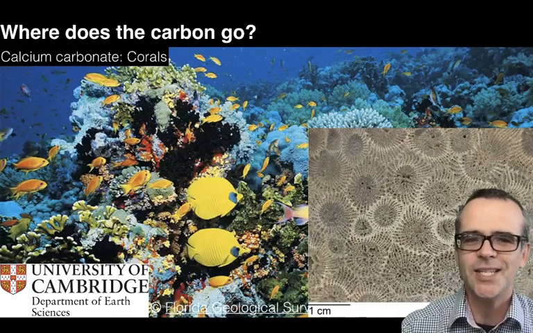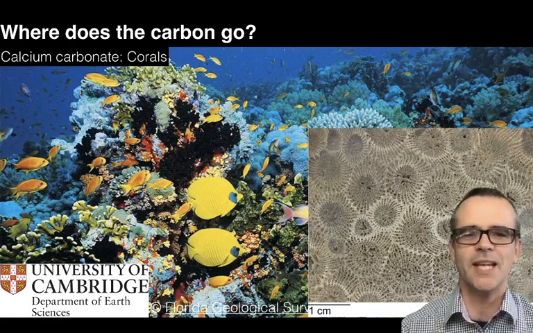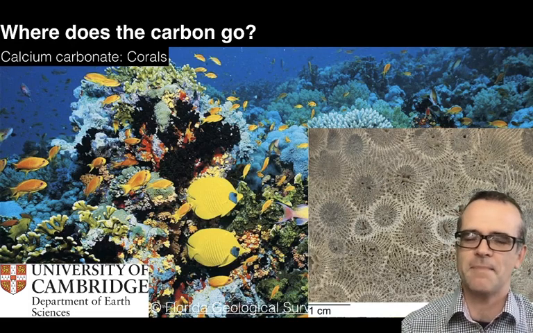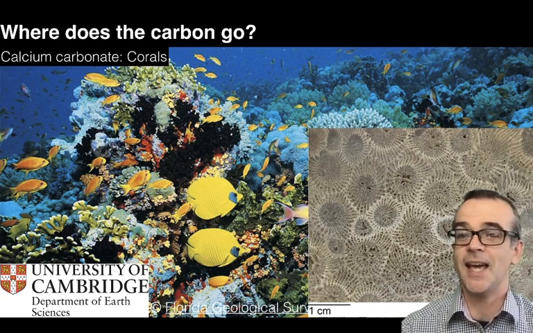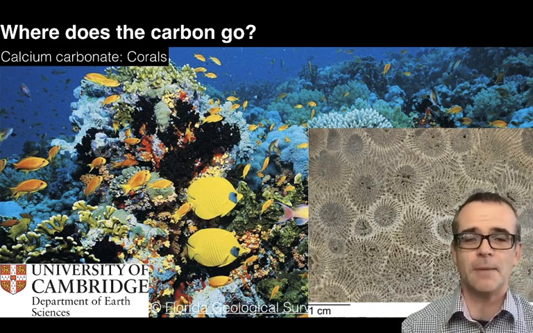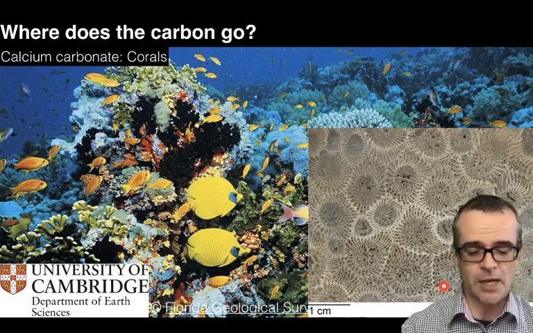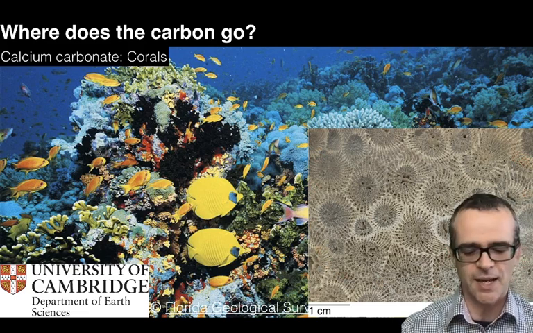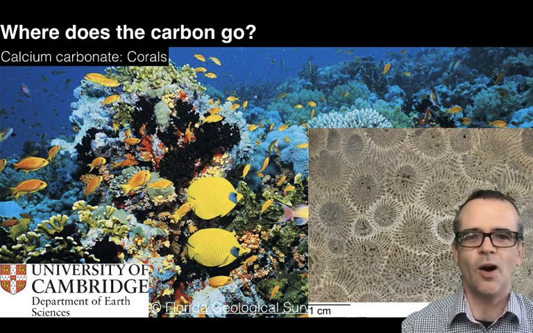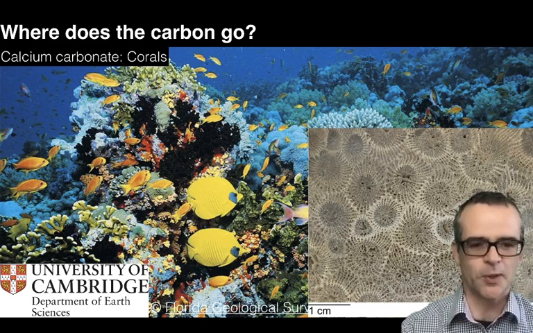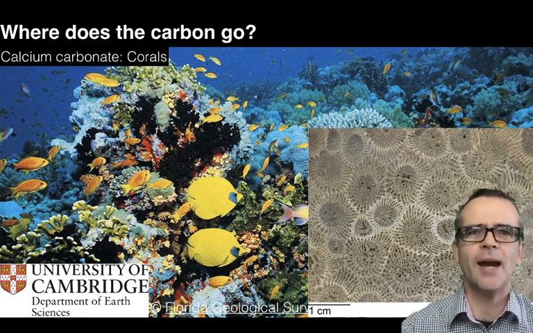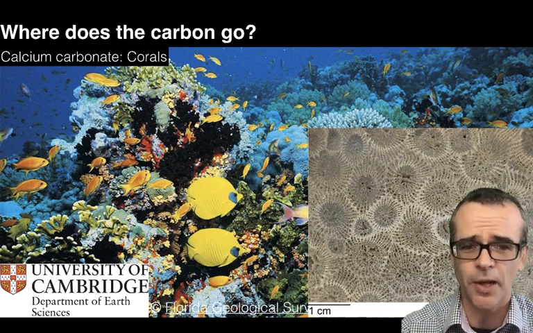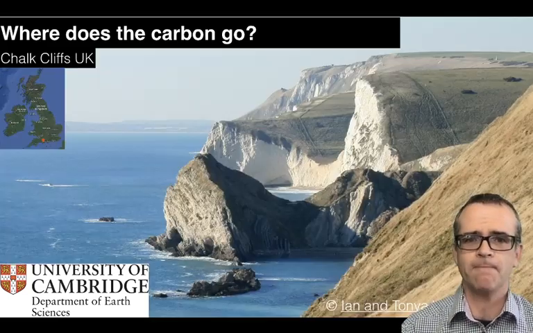Another key remover of carbon dioxide from the atmosphere on long time scales is the formation of coral reefs, for example, something that we will spend a lot of time looking at in detail in the course. This is a microscope view of a specific type of coral. And we figure out how these things work and how these things have worked through geological time.